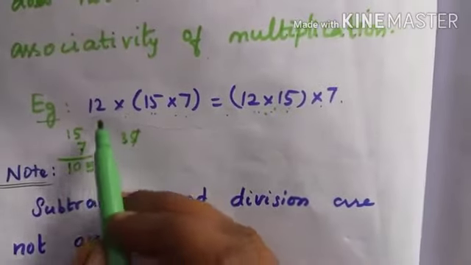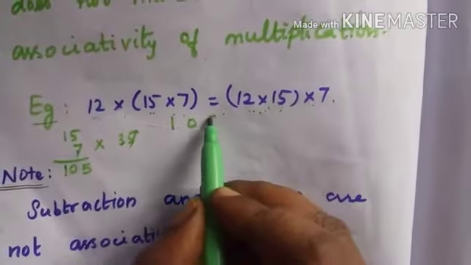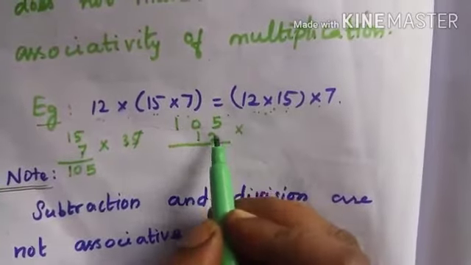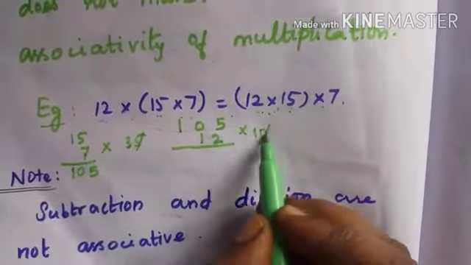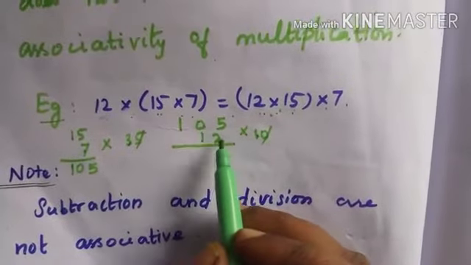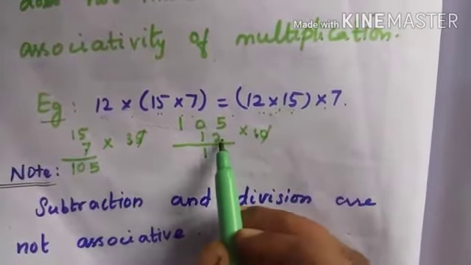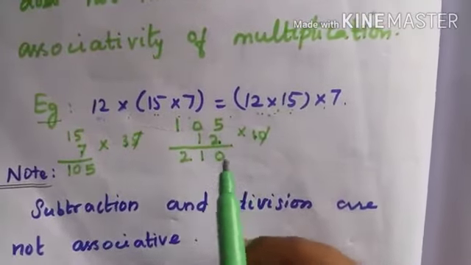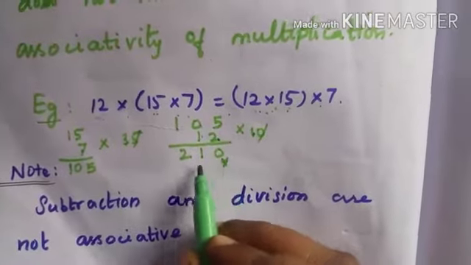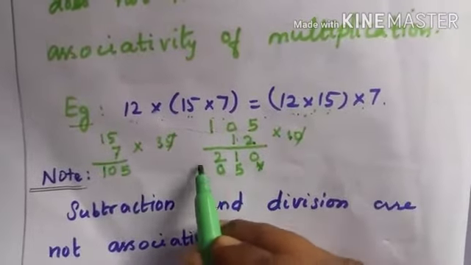So 105, and we multiply it with 12. 5 twos are 10, so we put 0 and keep 1. 0 twos are 0, we put the 1 here. 1 two is 2, we put 2. Now 5 into 1 is 5, 0 into 1 is 0, 1 into 1 is 1.